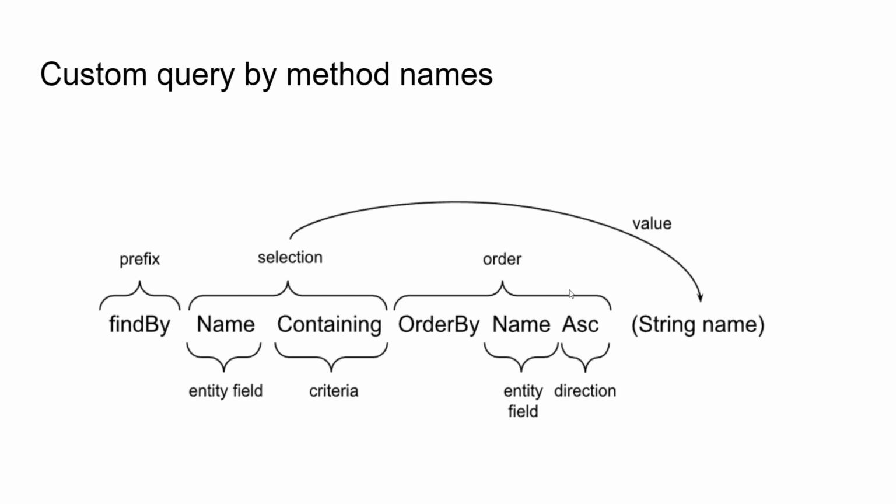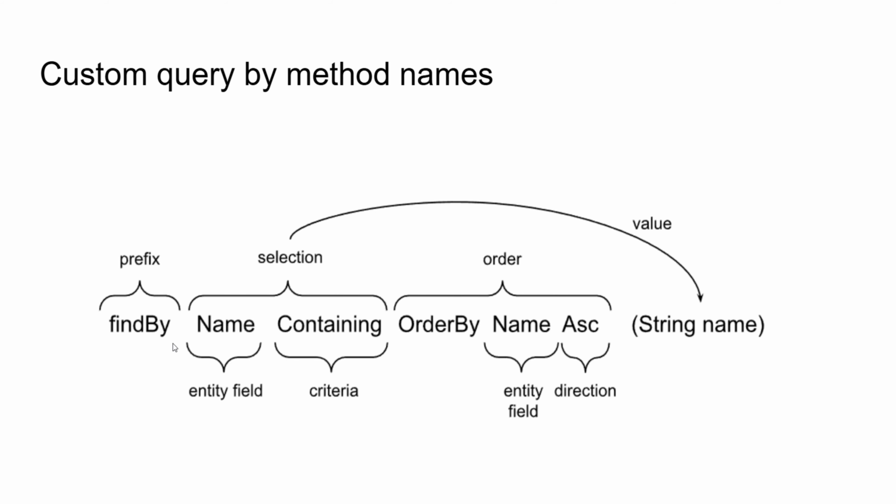So let's jump in. In Spring Data JPA, you don't always need to write full-blown queries. Instead, you can define a method in your repository interface with specific names, and Spring figures out the query for you.